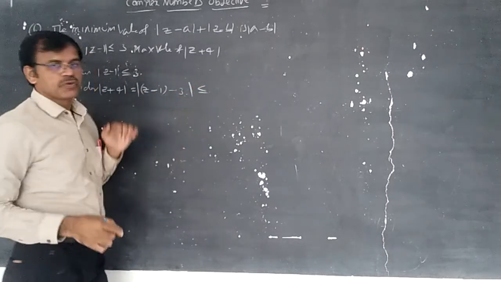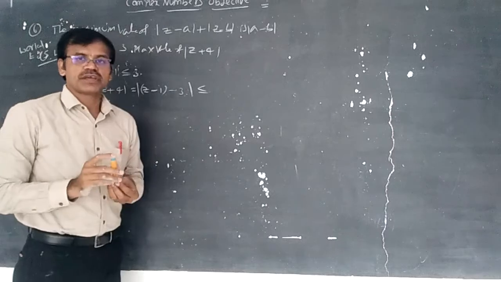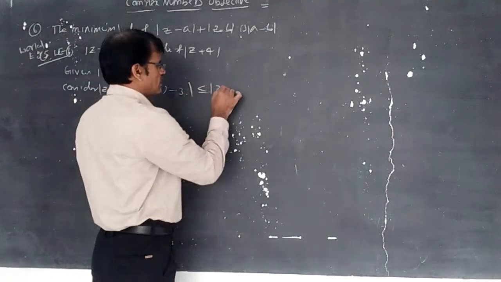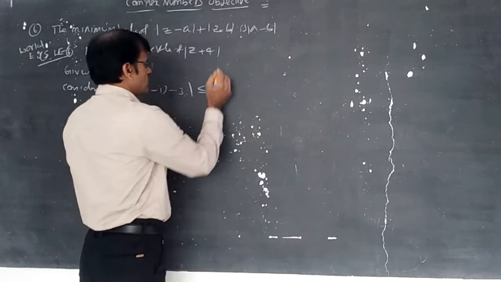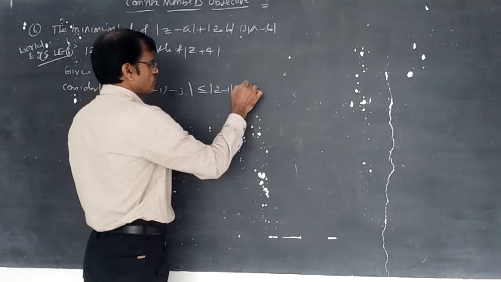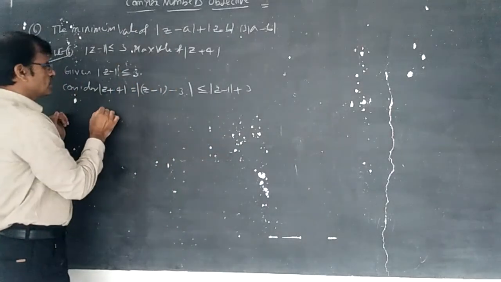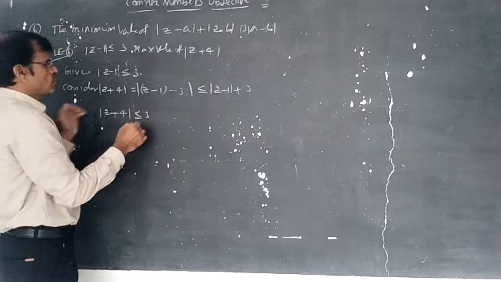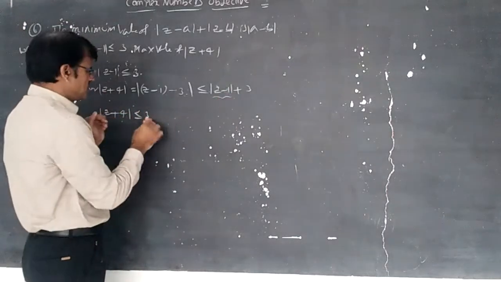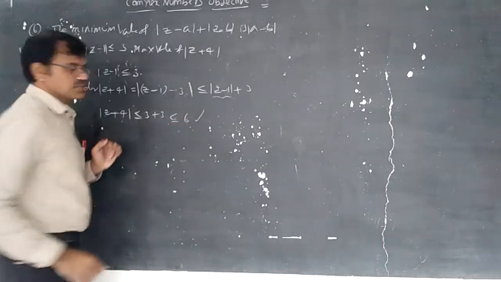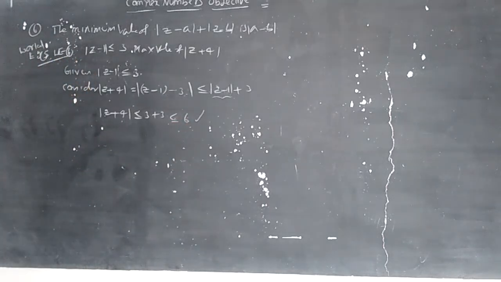By the triangle inequality, modulus of z1 plus z2 is less than or equal to modulus of z1 plus modulus of z2. So what is modulus of z1 here? z minus 1, of course 3, right? So it is 3 plus 3, that is less than or equal to 6. 6 is the greatest value, or maximum value.